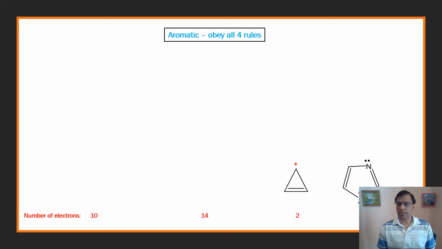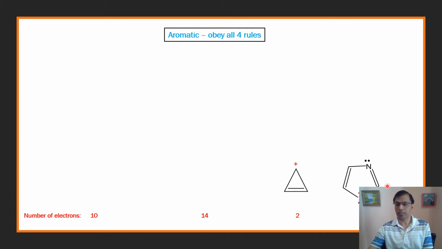Let's look at the second example. It's a heterocycle. It has a nitrogen atom and a sulfur atom in the ring. One of the lone pairs on the sulfur atom, which are red in color, are in the p orbital and are available for delocalization. So in all, there are 6 electrons available for delocalization.